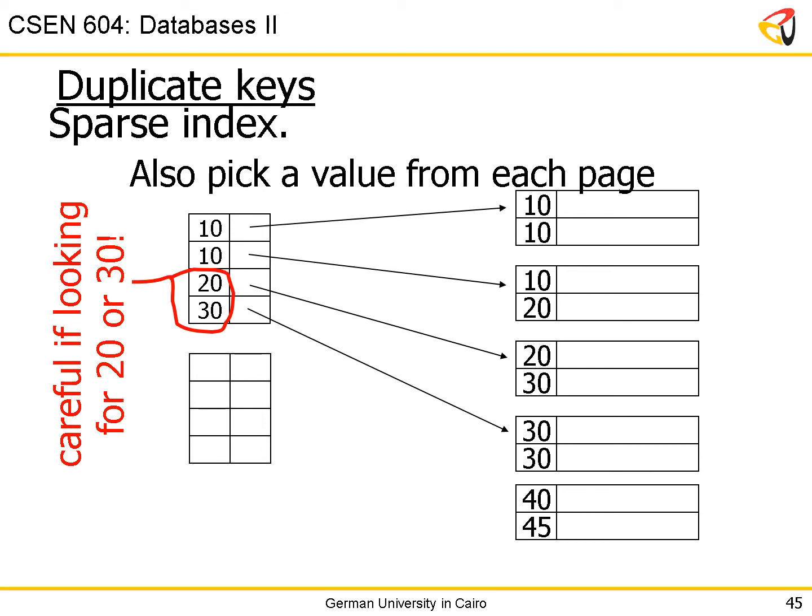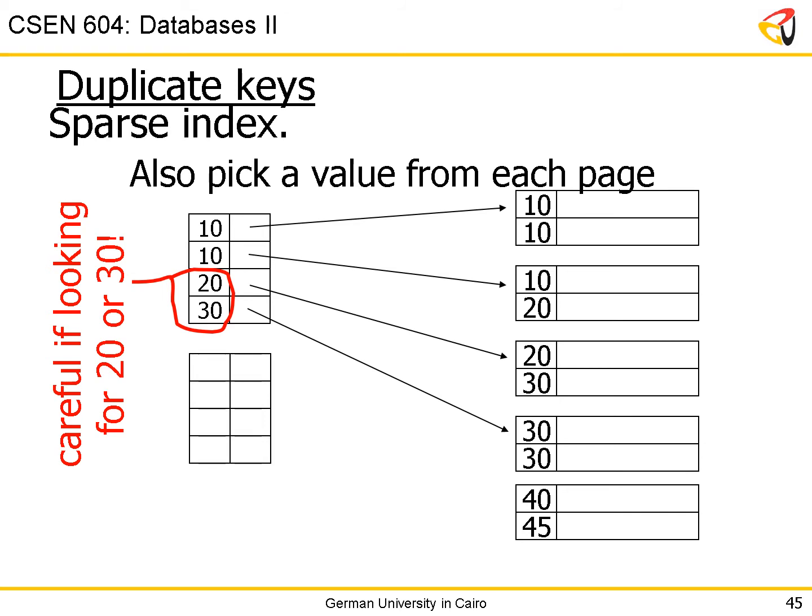Because here, if the rule you're enforcing is to point to a row in every page, select star from table where value equal to 20 will get you this 20 that you are referencing in the third page. But since you're only enforcing that you need to point to every page, you're not enforcing that you will point to the first entry, the first time you see an entry.